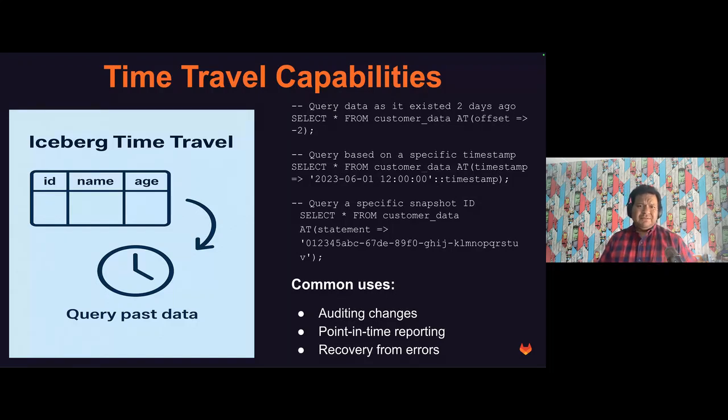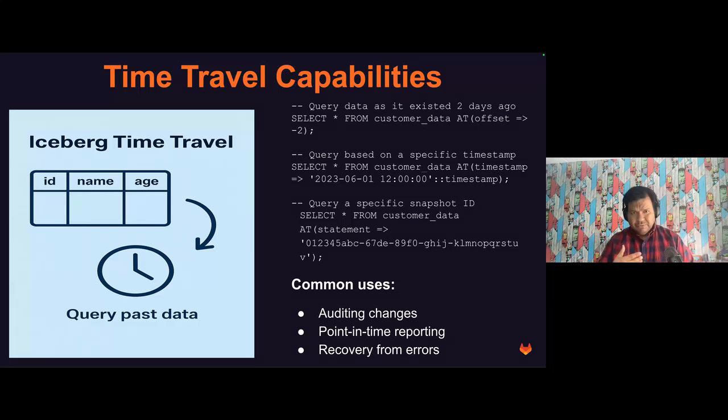This powerful feature of time travel basically helps transform data governance from a painful compliance exercise into a seamless capability, giving organizations the confidence to quickly correct mistakes while maintaining complete visibility into their data history.